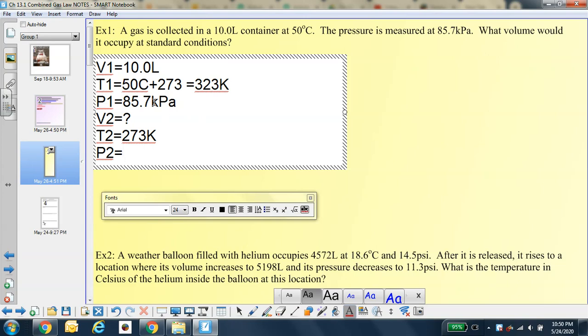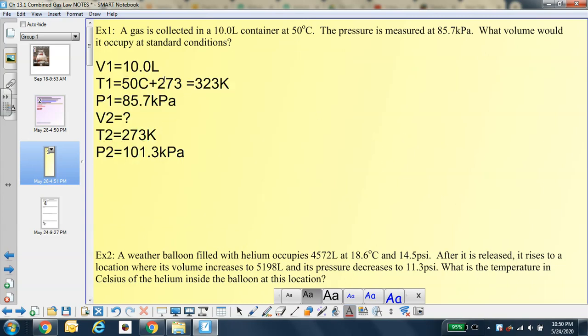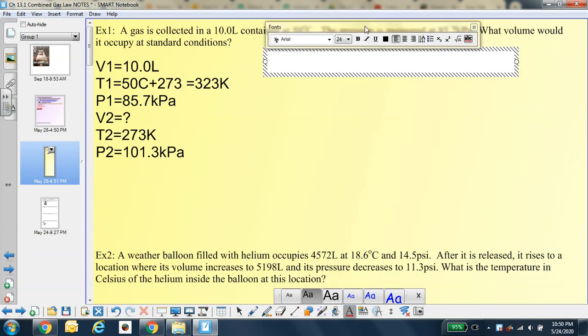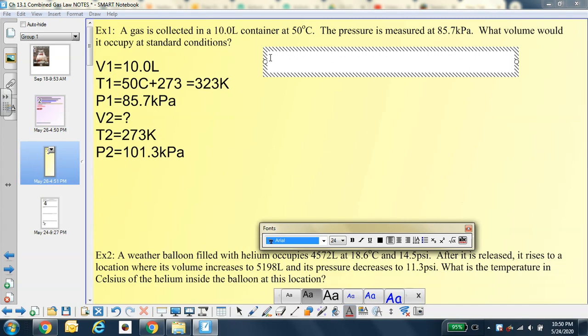Well, since we're working with kPa, kilopascals, what number goes with kPa for standard atmospheric pressure at sea level? 101.3 kPa. So there's our given information. The next thing we are going to do is write down the combined gas law formula.